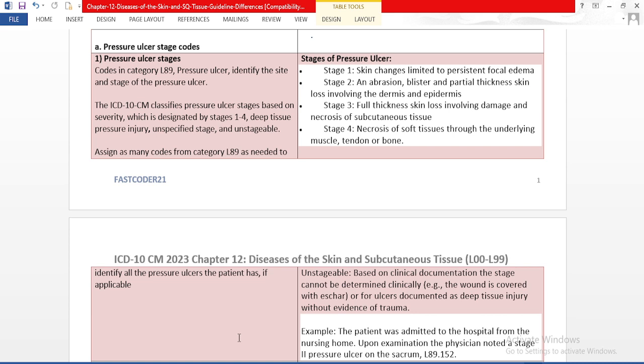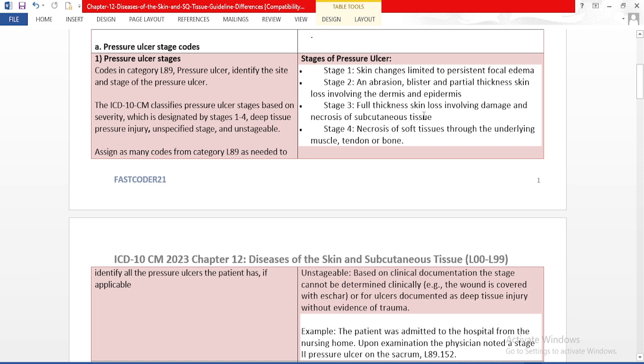So ICD-10-CM divides pressure ulcers into 4 stages. Stage 1, skin changes limited to persistent focal edema. Stage 2, an abrasion, blister and partial thickness skin loss involving the dermis and epidermis.